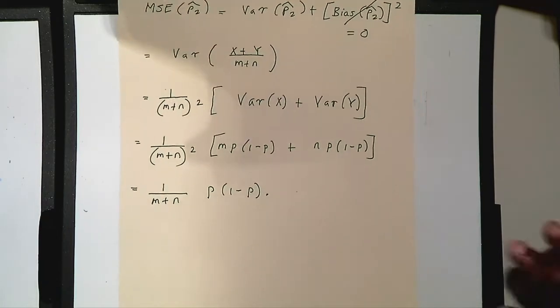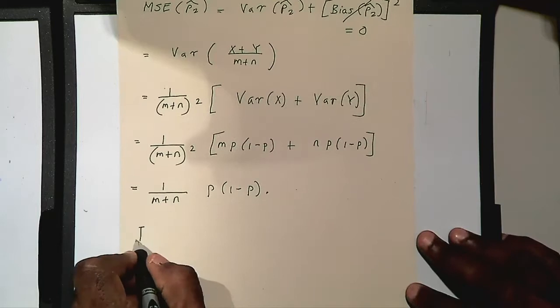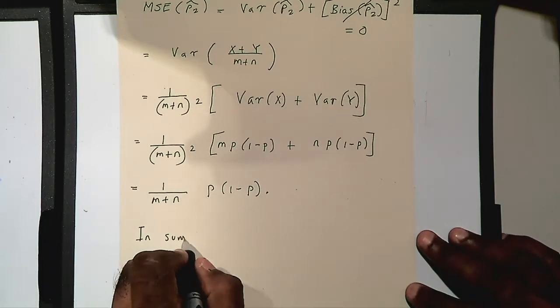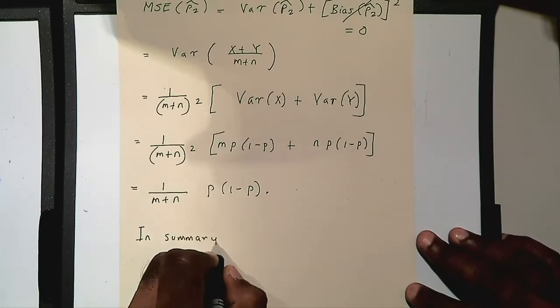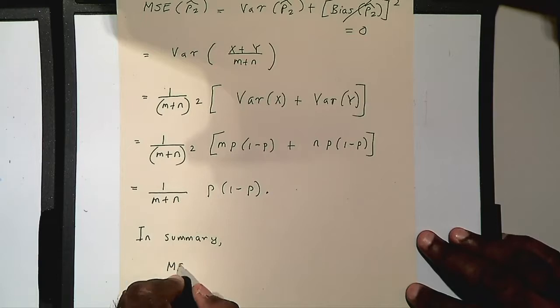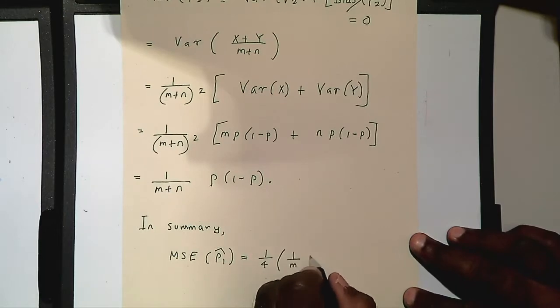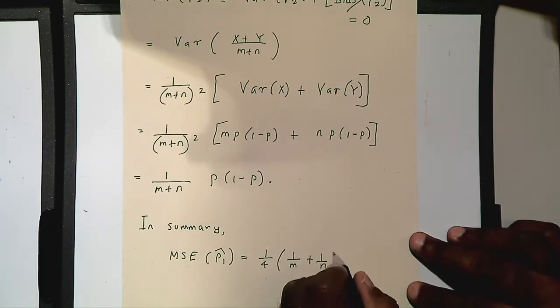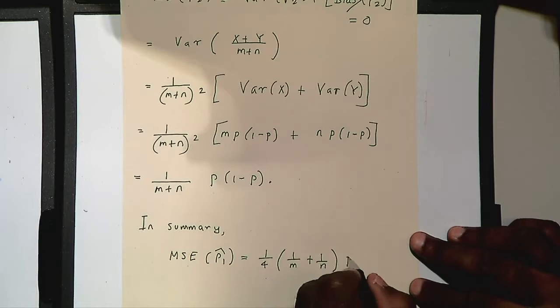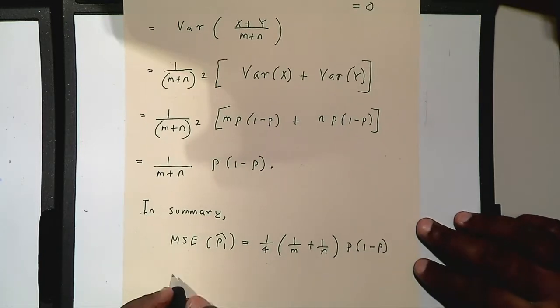So let's summarize. In summary, the MSE of the first estimator is this, and the MSE of the second estimator is this.